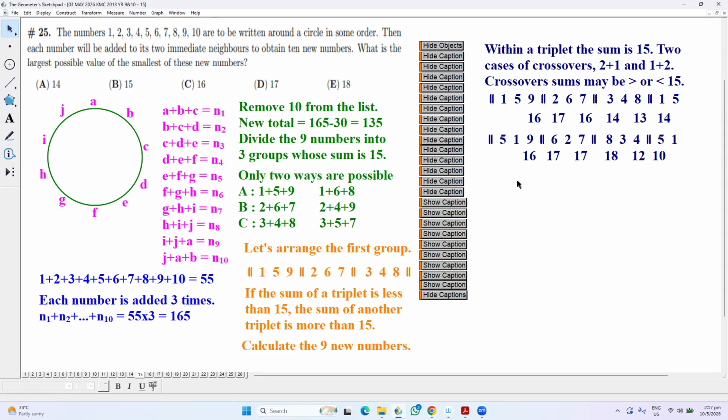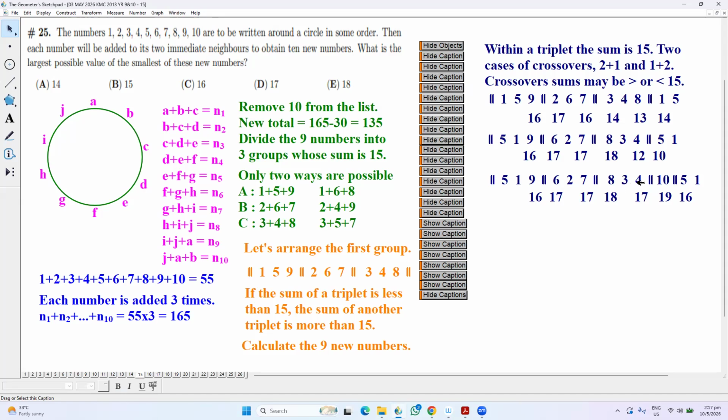So let's insert the 10. Between 12 and 10, we put 10. So now we do the crossover. Okay, 196, 16, 962, 17, 278, 17, 783, 18.